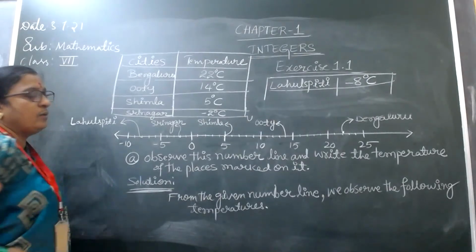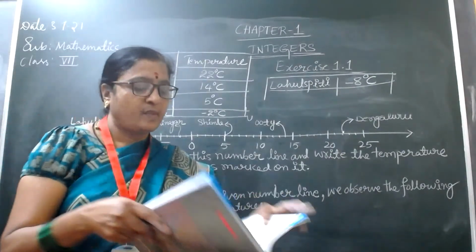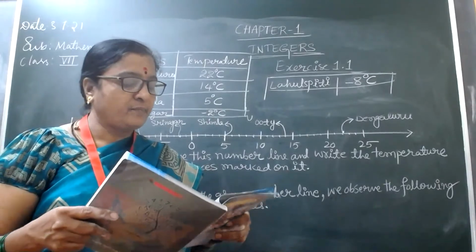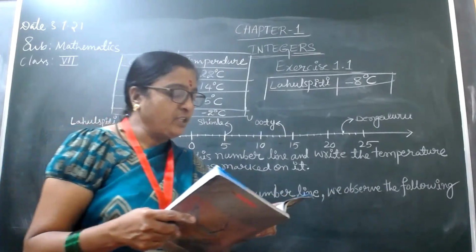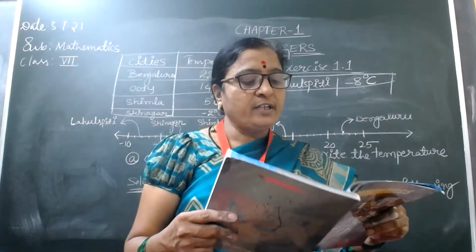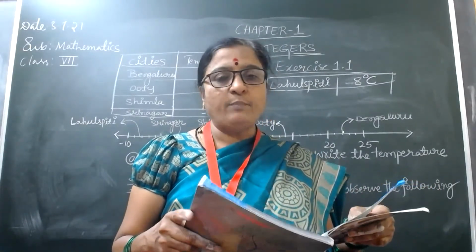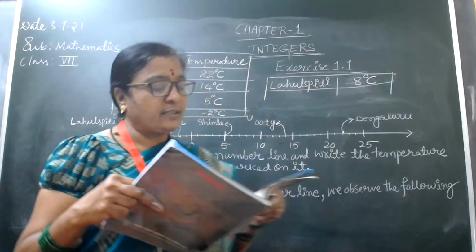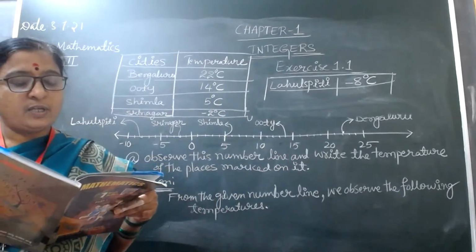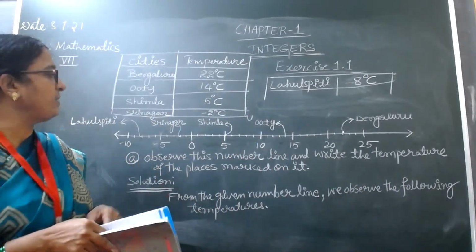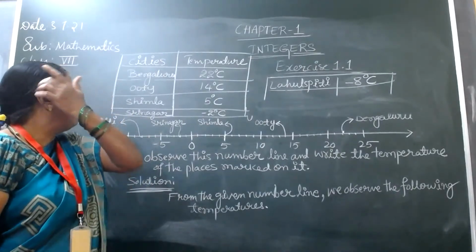Okay. Now question B. What is the question B? What is the temperature difference between the hottest and the coldest places among the above? See students, the temperature of the hottest place is taken with a positive sign.